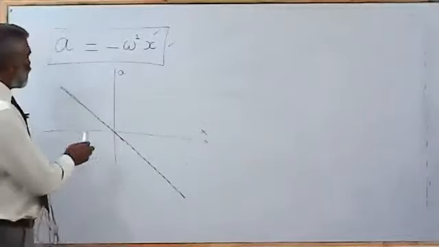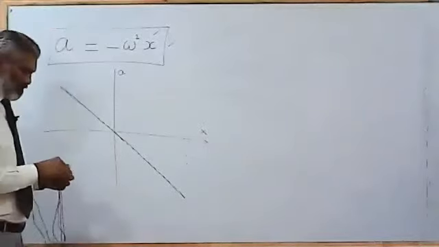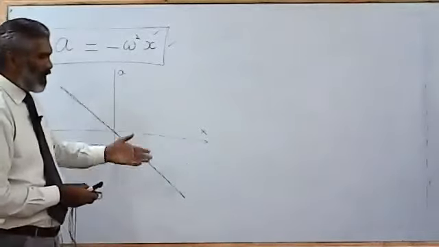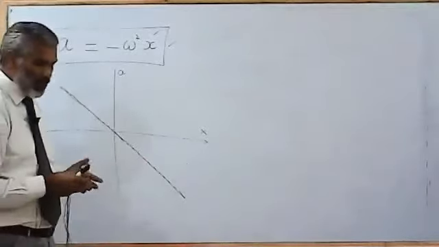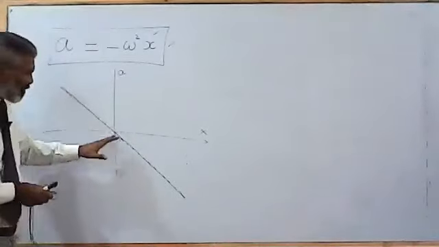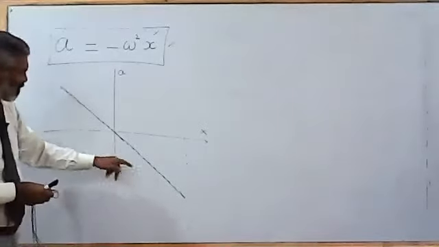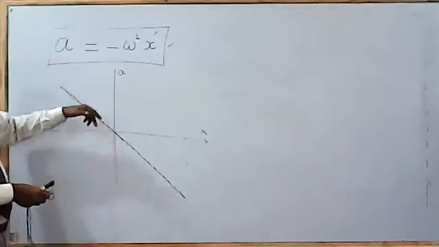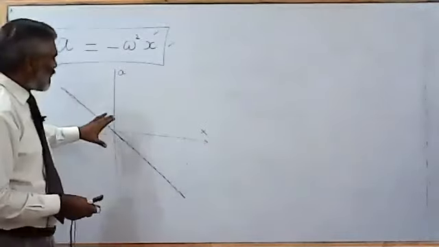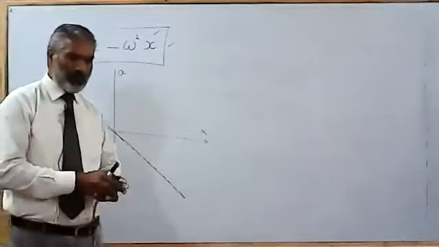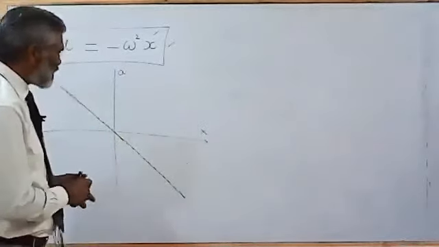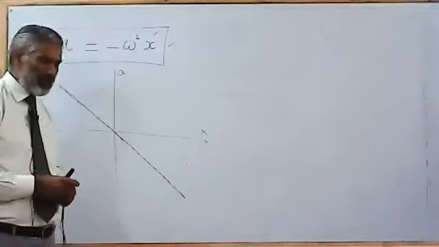If it's a certain system of oscillation which is executing simple harmonic motion, but we are not sure. But when we plot a graph and we get a straight line which is passing through the origin, which has a negative gradient, this is enough to infer, to deduce that the system is executing simple harmonic motion.